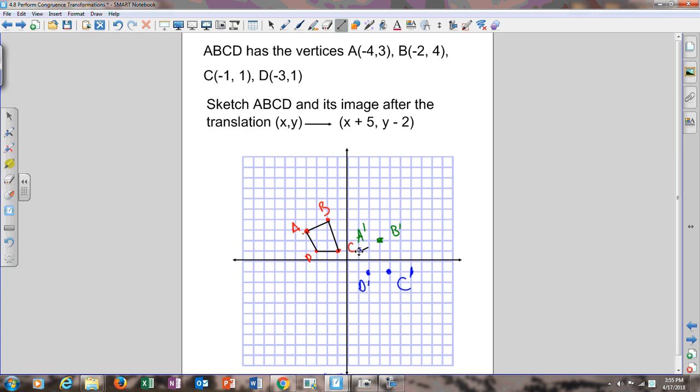I would just draw lines in between them, and we're done. Should be exactly the same shape, should be exactly the same size. That's translations.